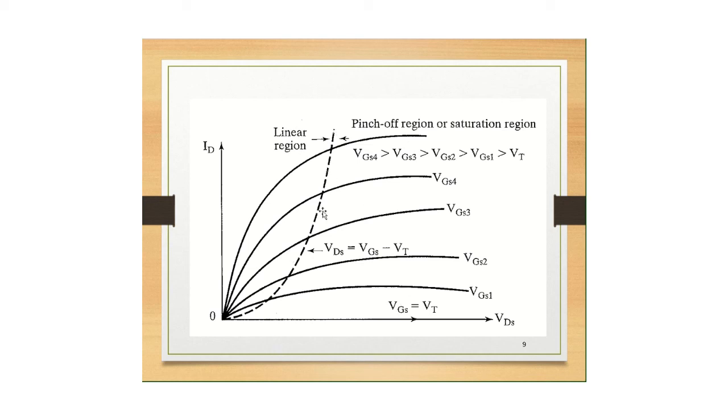Then you have this linear region. As you're increasing VGS, the drain current also increases proportionally with VGS. Okay, this is your linear region.